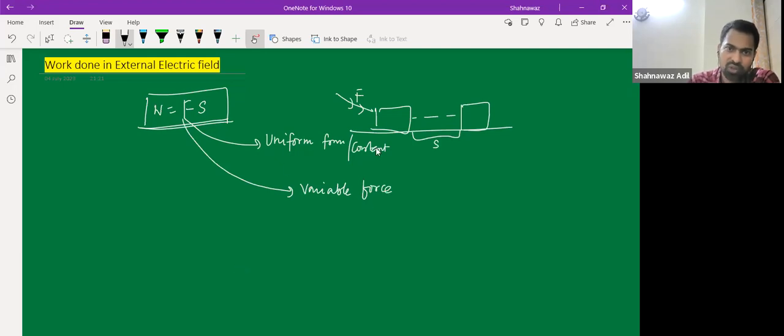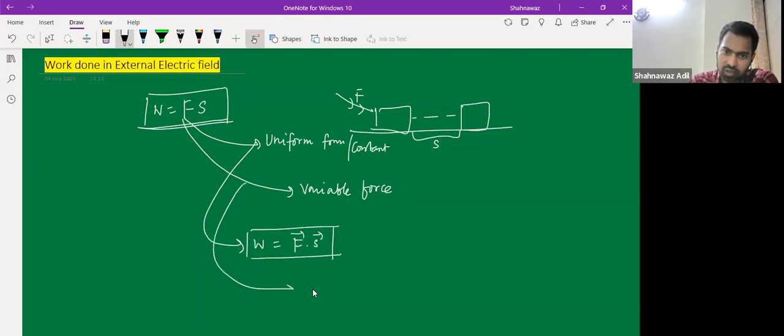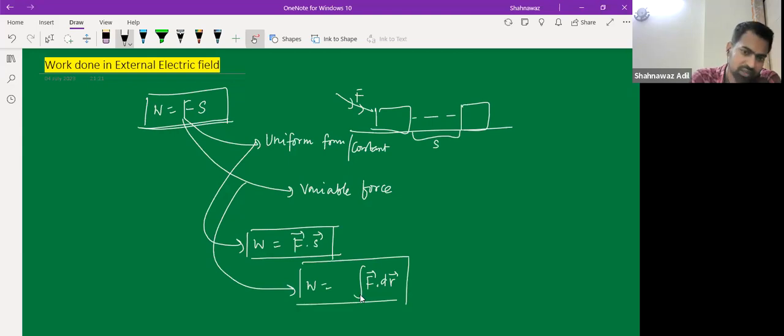For uniform force, the work done would be F dot S. And for the variable force, work done would be the integral of F dot dr. This you already know. Is that clear, guys? Yes, Chavez, and now Madiha, this is clear to you, right?